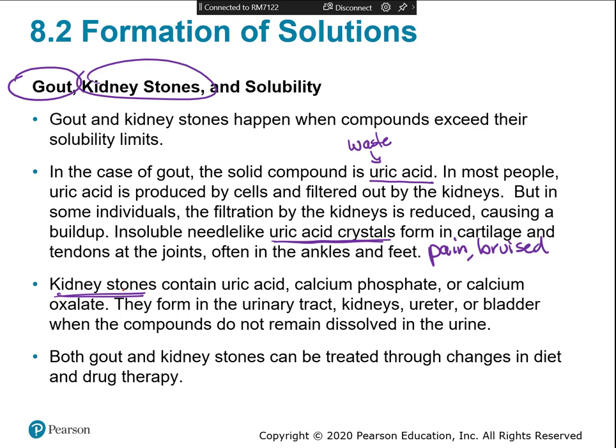So usually if you pass a stone or if they collect the stone, sometimes they use vibrations to try and break the stone up. But if they can collect those stones, they send them off to figure out what kind of salt or if it's uric acid, because that way they know what you need to avoid to try and decrease the amount of stone formation. But those are examples of where saturation causes this problem.